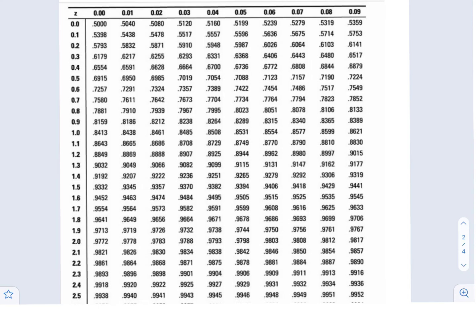So here's our z-score table. We're looking at the body, and we're looking for 9950, sorry. So here's a 9945, 46, 48, 49, 9951.